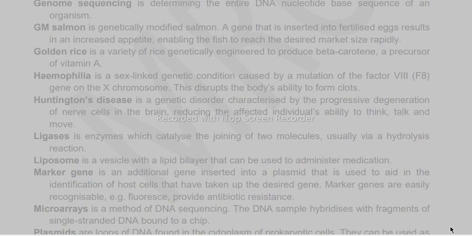Genome sequencing is determining the entire DNA nucleotide-based sequence of an organism. GM salmon is genetically modified salmon. A gene that is inserted into fertilized eggs results in an increased appetite, enabling the fish to reach the desired market size rapidly. Golden rice is a variety of rice genetically engineered to produce beta-carotene, a precursor of vitamin A.